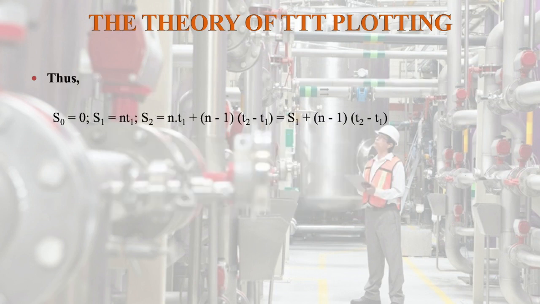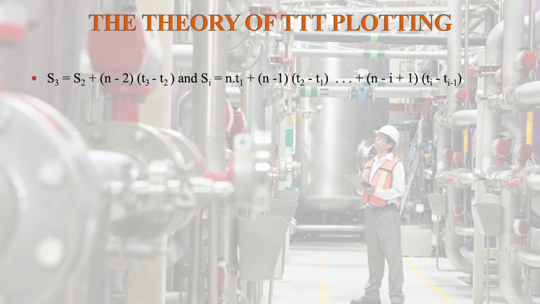Thus S0 = 0 and S1 = n T1, S2 = n T1 + (n - 1)(T2 - T1), that is equal to S1 + (n - 1)(T2 - T1).